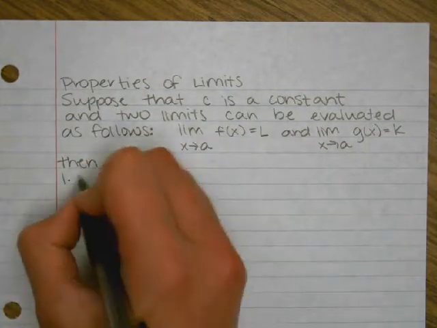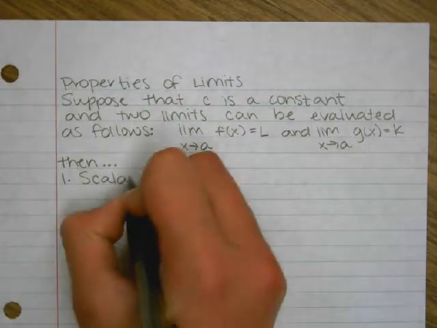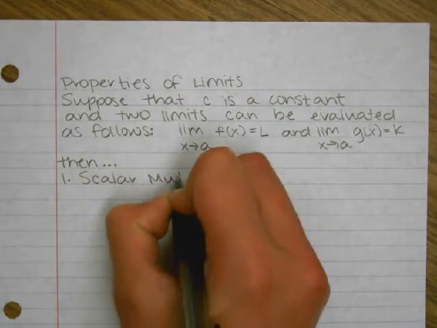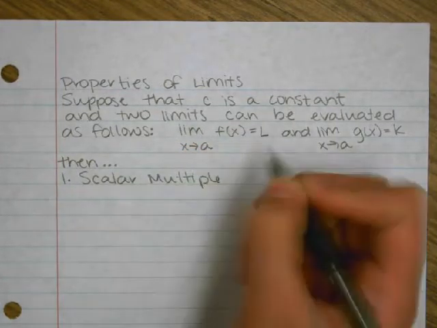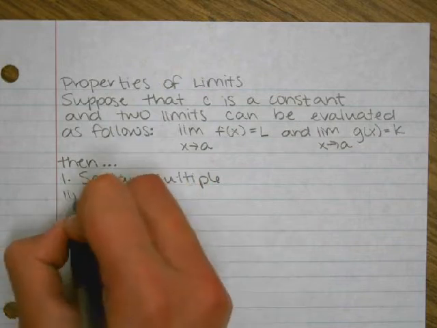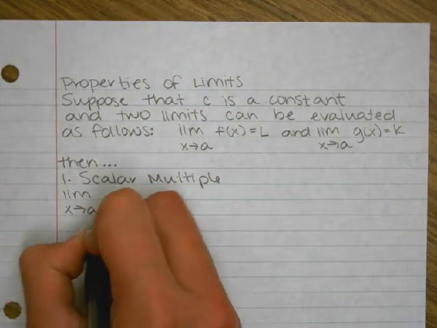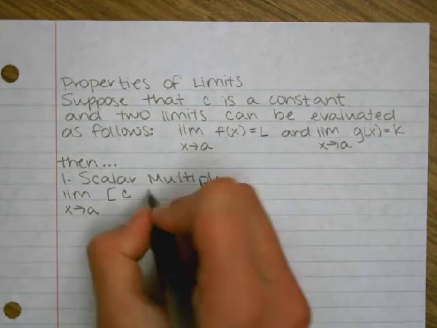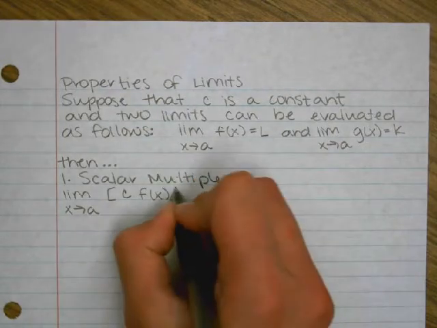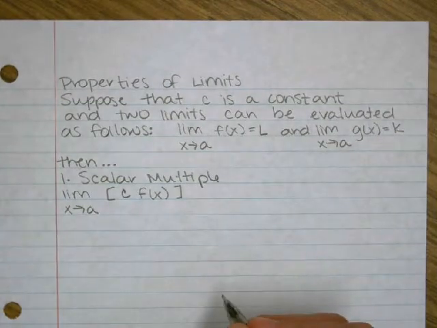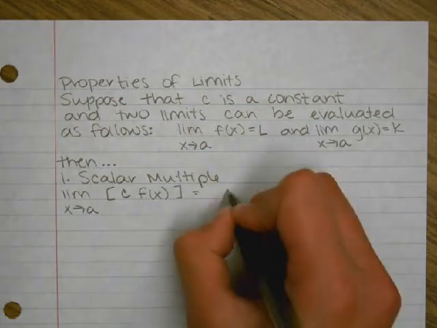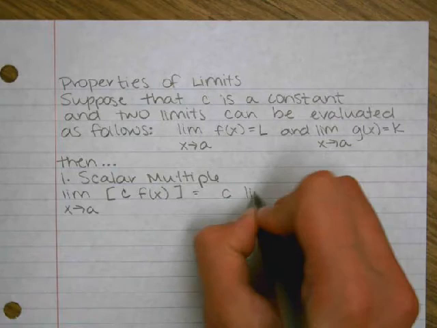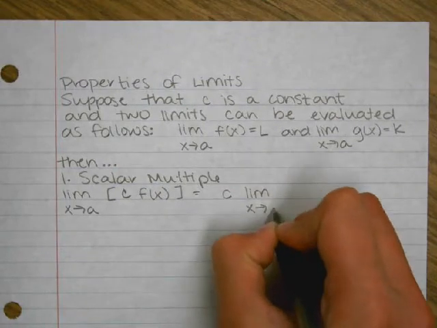The first property is about scalar multiplication. A scalar multiple says that if you have the limit as x approaches a of some multiple being multiplied by a function, maybe the function has a 2 in front of it or something, then that is exactly the same as if you take c and multiply it by the limit of the original function.